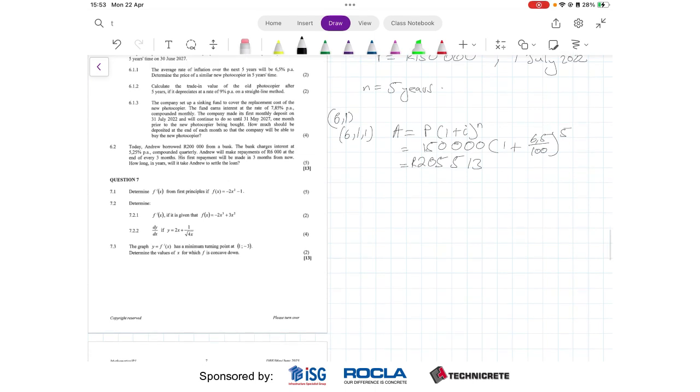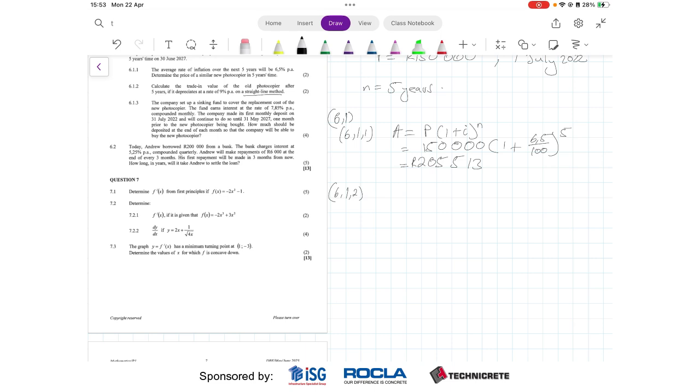Okay, now the second question, 6.1.2, wants us to calculate the trade-in value of the old photocopier after 5 years if it depreciates at a rate of 9% per annum on a straight line method. So already the question tells you what formula to use.